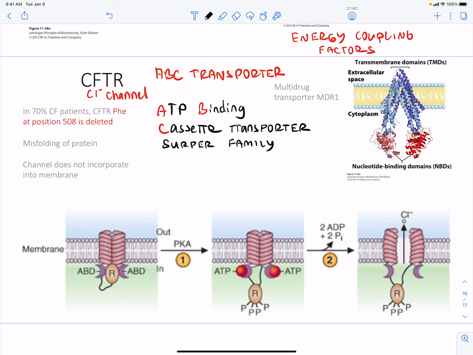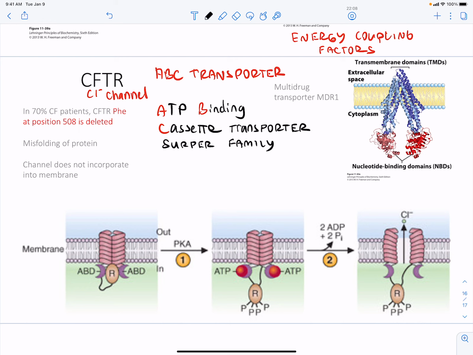The cystic fibrosis transmembrane conductance regulator protein is an ion channel for chloride, operated by ATP hydrolysis. This is an ABC transporter without a pumping function. All others have pumping functions, whereas this is simply a channel. It opens and allows chloride to leave.